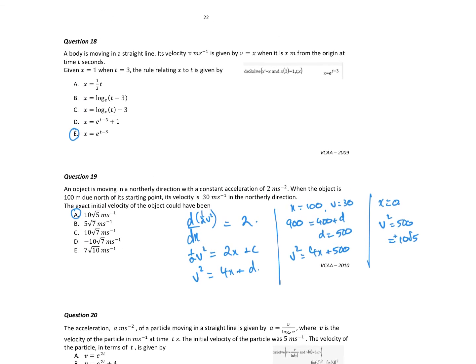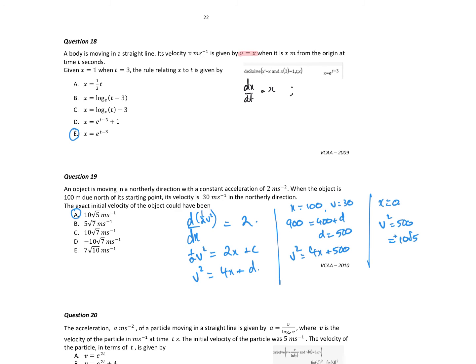All right, body moving in a straight line is given by v is equal to x. Find the rule relating x to t. So I'm saying that v, which is dx/dt, is equal to x.